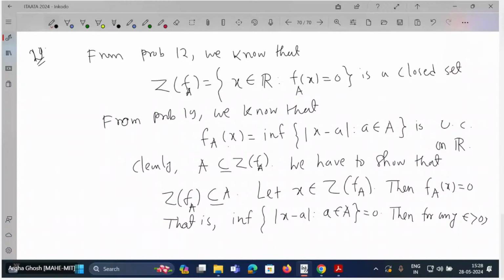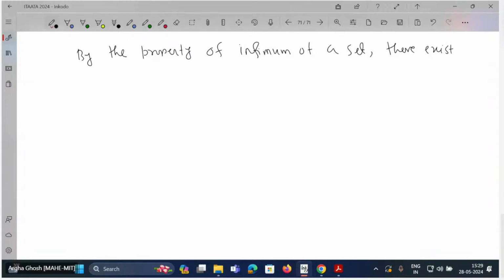Okay. So by the property of infimum of a set, there exists an element, let's say a star belongs to A, such that |x minus a star| is less than epsilon.